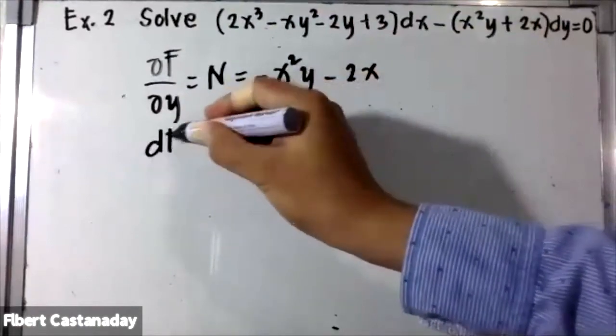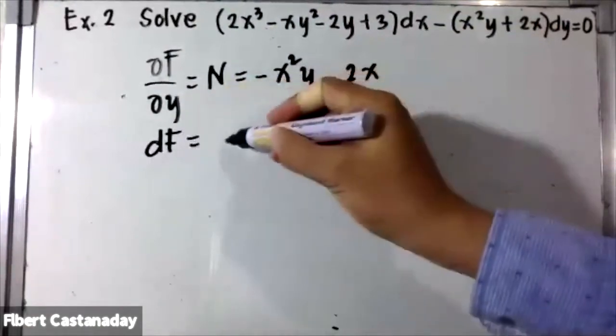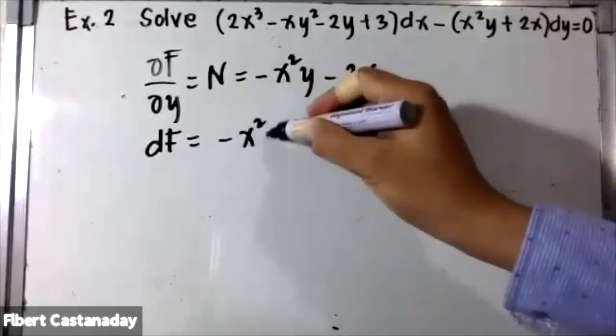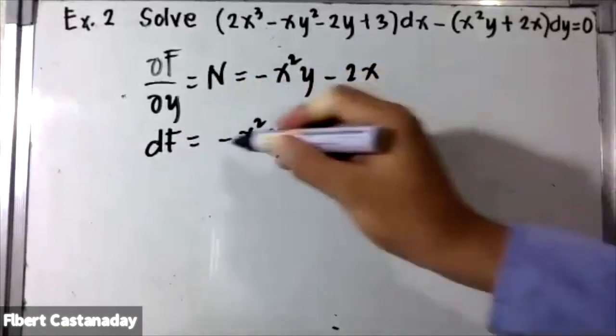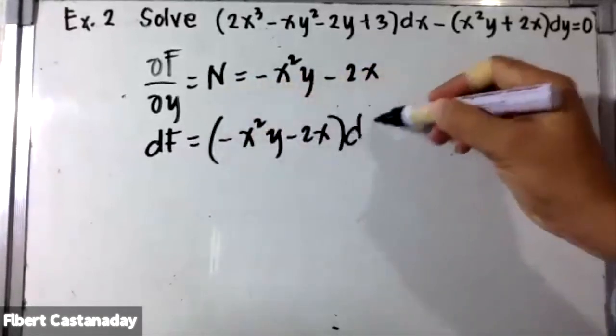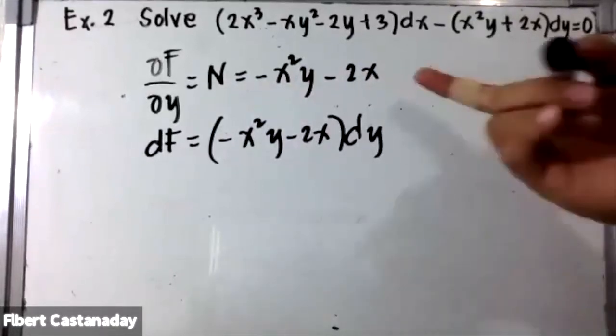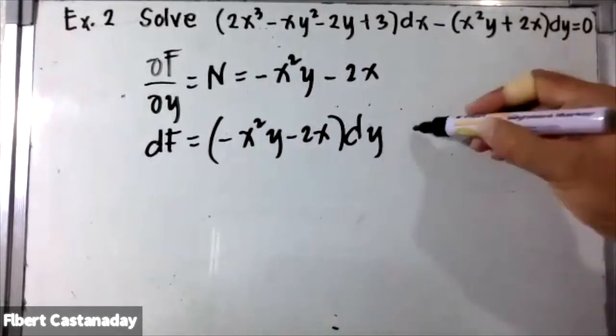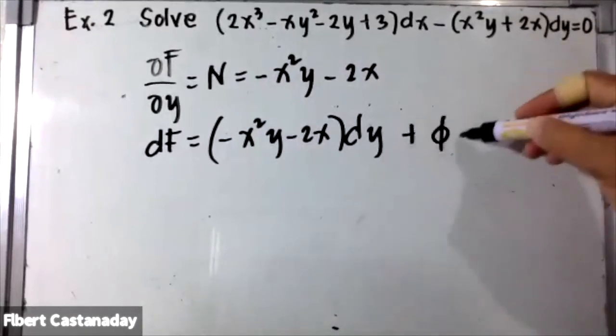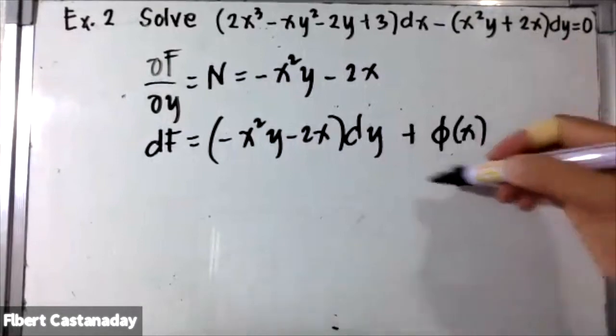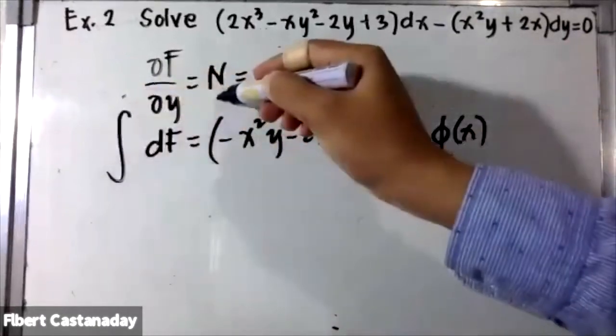And cross multiply, so we have df equal to minus x squared y minus 2x times dy. Here we are going to integrate. After we have set, the constant of integration is a function of x. So we integrate both sides of the equation.